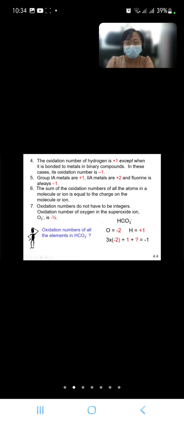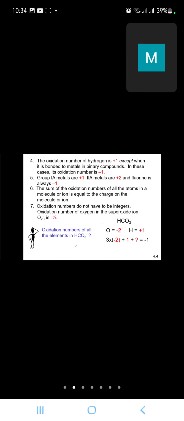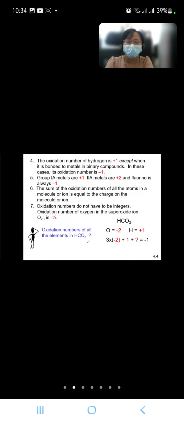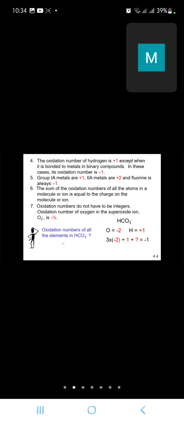So to determine the oxidation state of carbon, let's start with hydrogen.